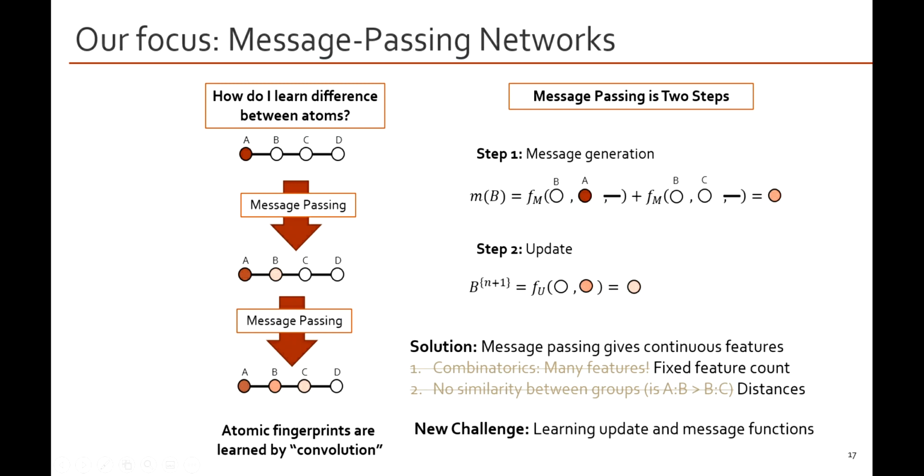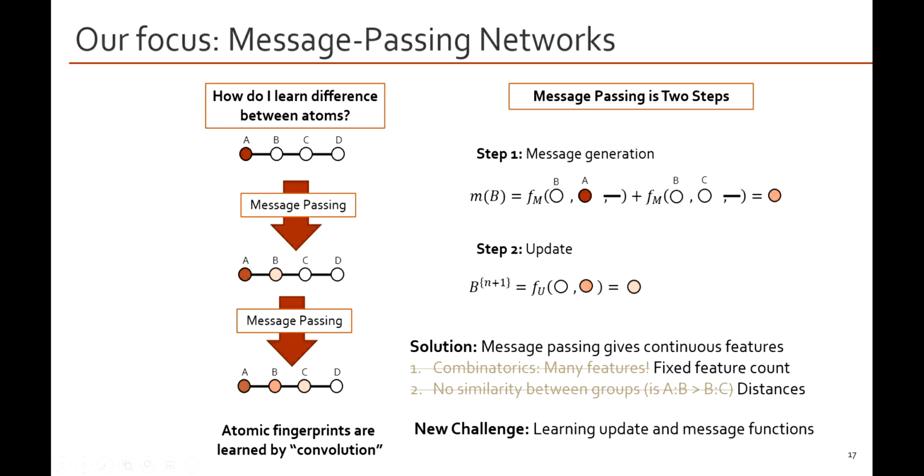It's continuous. You'll note I've got a continuous shade of color here, and that means that my count of features is fixed. I can describe each of these atoms by one feature each, the degree of redness.